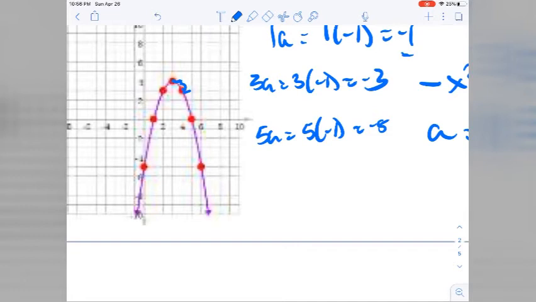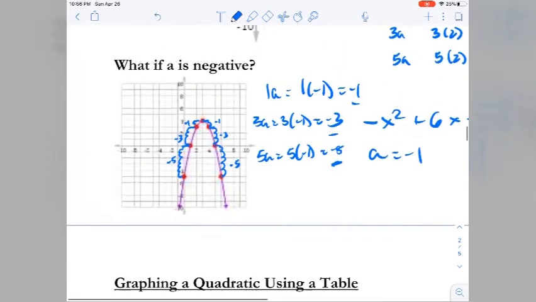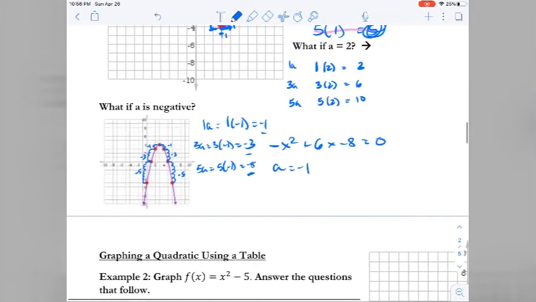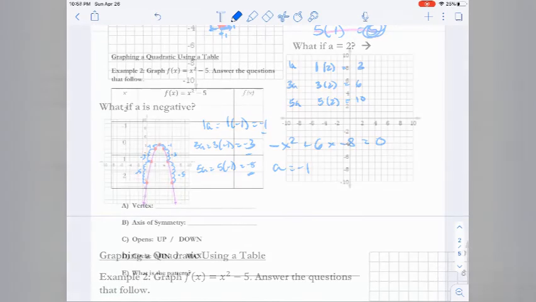We go out another one, and this time it's a -3 step. And then we go out another time, and this time it's a -5 step. So we go down. And again, we do it on both sides. So this helps us to graph a quadratic pretty quick.